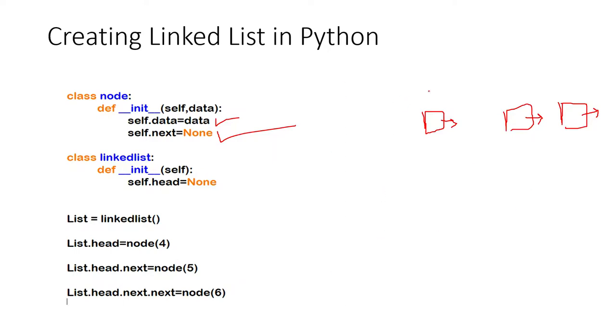So how to use this, right? First create a linked list object, and you have made a node. See, this is a node. In here, Node(4) means you have a node in there. 4 is the data, so we write it here, and it has self.next pointing towards None.